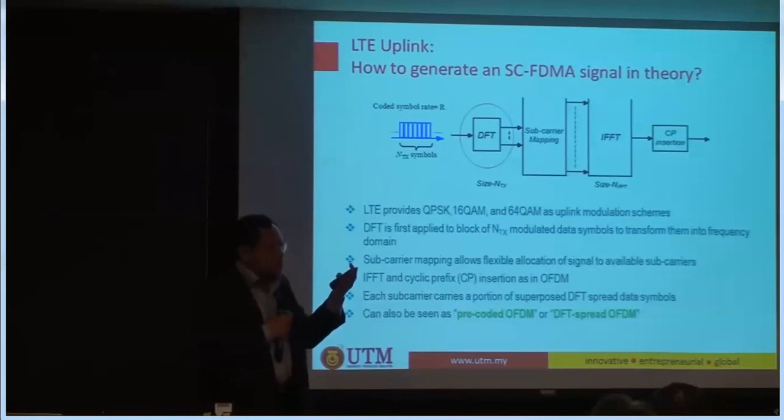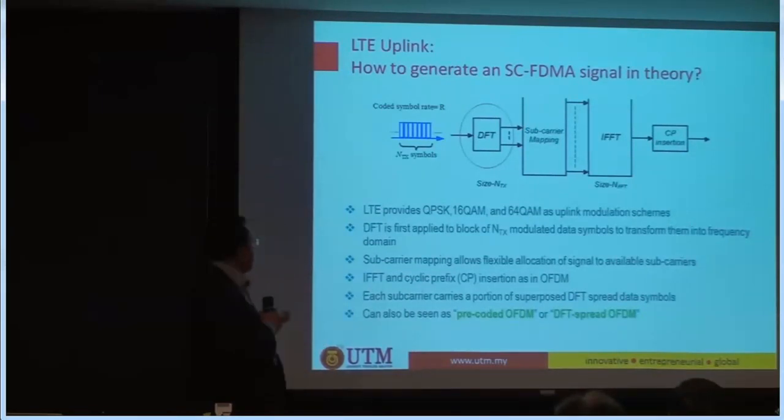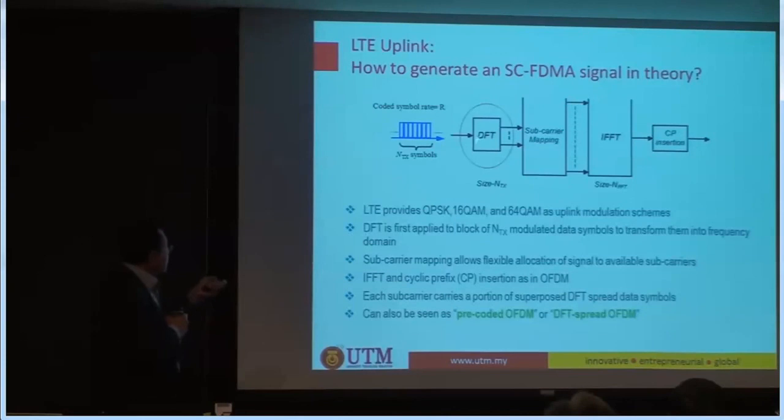You have 5 categories, and only category 5 can support 64QAM; categories 1 to 4 only go up to 16QAM. The downlink will of course support up to 64QAM. The DFT is applied before the sub-carrier mapping, because here it transforms the signal to the frequency domain.